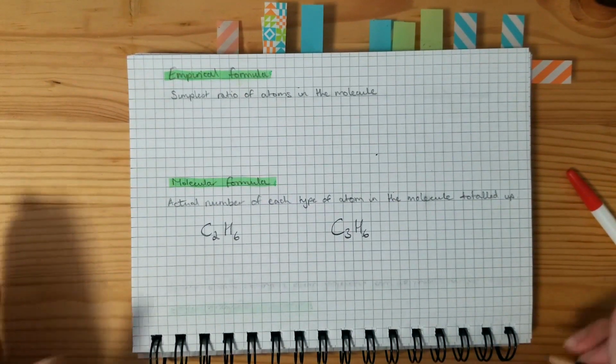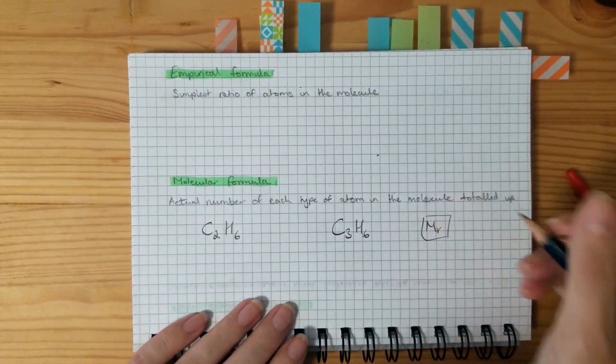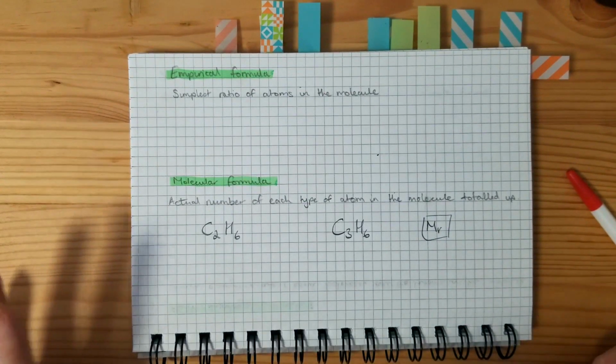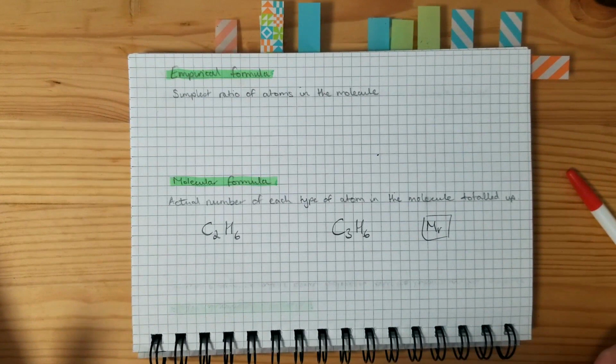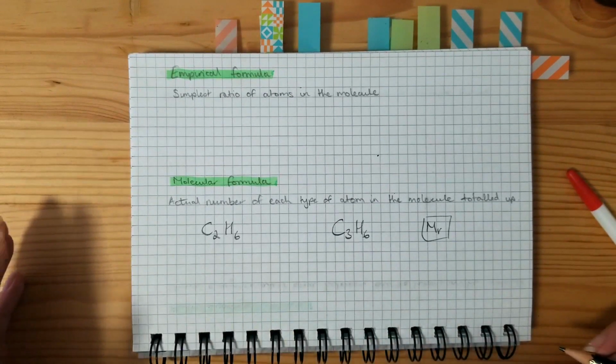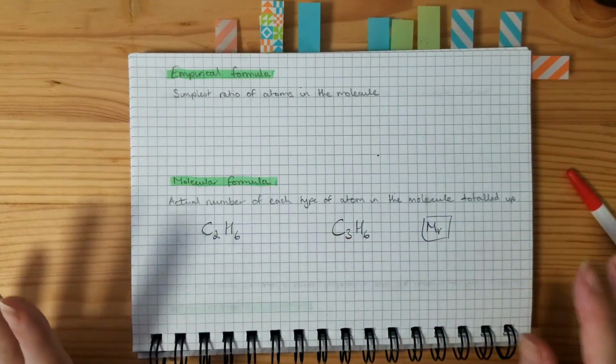It's very good for calculating the Mr, which we've done in previous topics. But you can't tell which families these chemicals belong to, because you don't know how anything's arranged in them. You don't know what functional group they may have. You could have things that are completely random shapes.